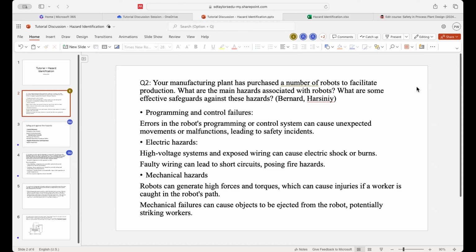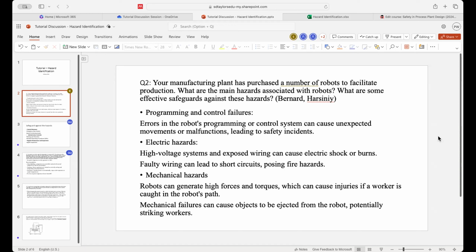The second hazard is electric hazards. The high voltage system of the robots and the exposed wiring outside will cause electric shock or burns. Faulty wiring will lead to short circuits, also posing fire hazards if the short circuits remain without any fire rescue team here. So this is for the electric hazards.